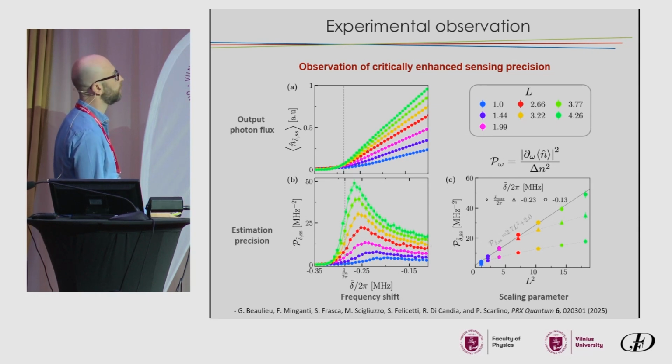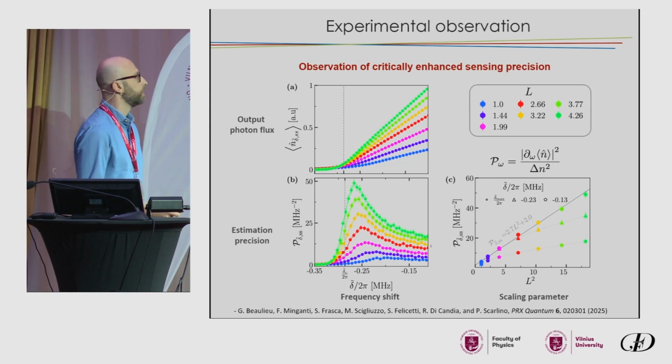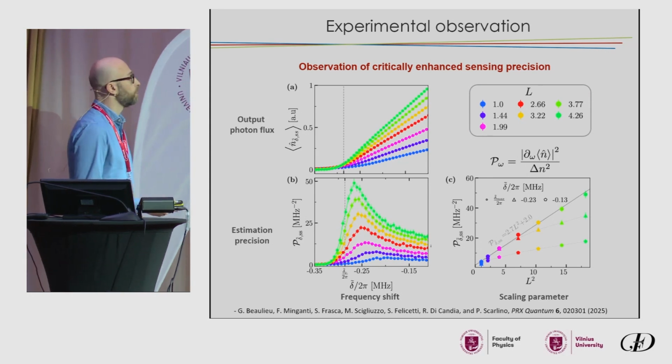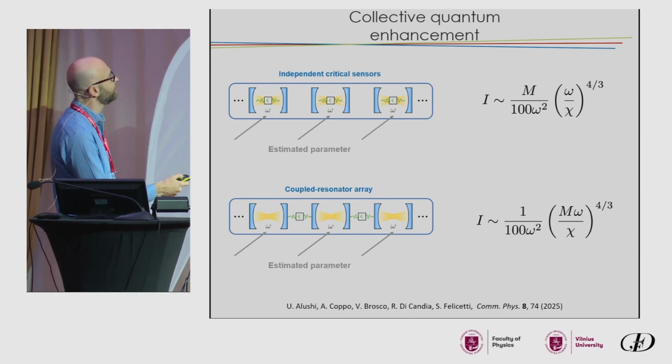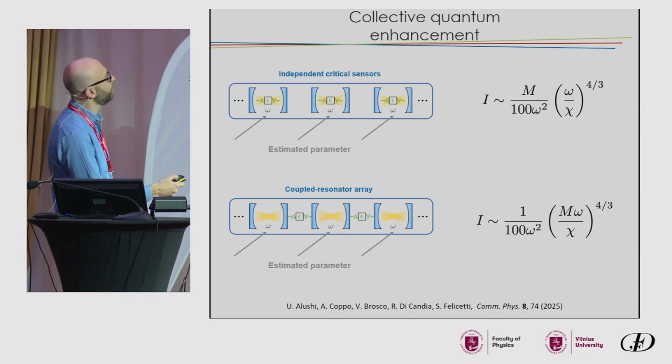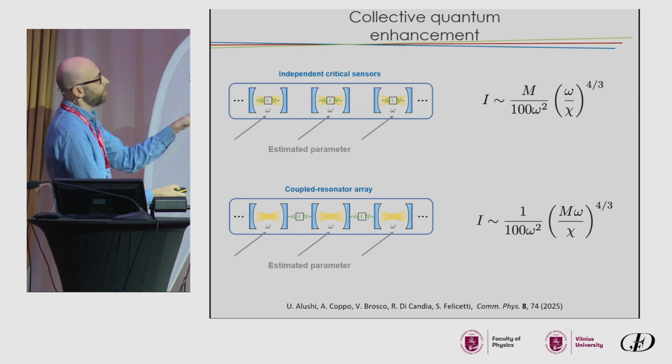So this was interesting, and we had experiment and theory, but everything was done at the steady state. So first we also asked ourselves whether you can have an enhancement by having multiple Kerr resonators.